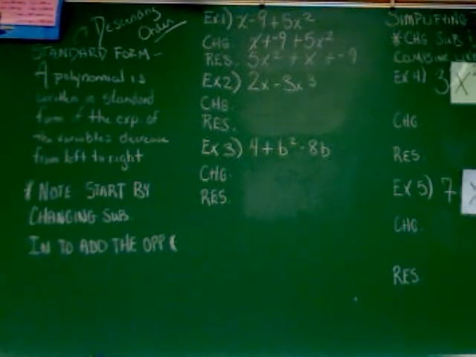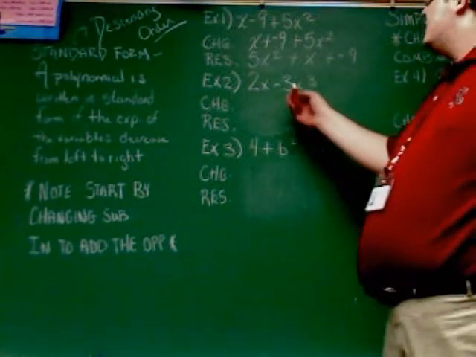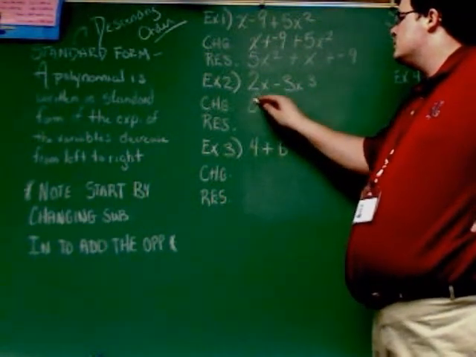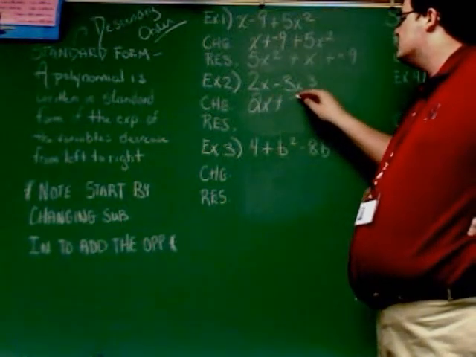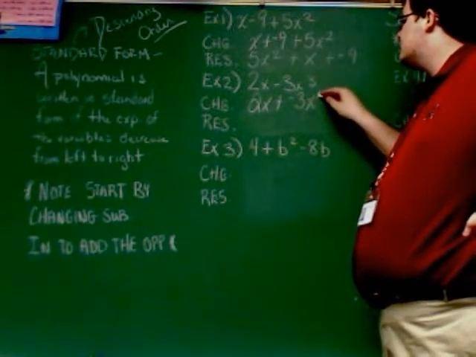Let's go to 2. 2x minus 3x cubed. So subtraction sign I need to get rid of. So I'm going to write this as 2x plus negative 3x cubed.